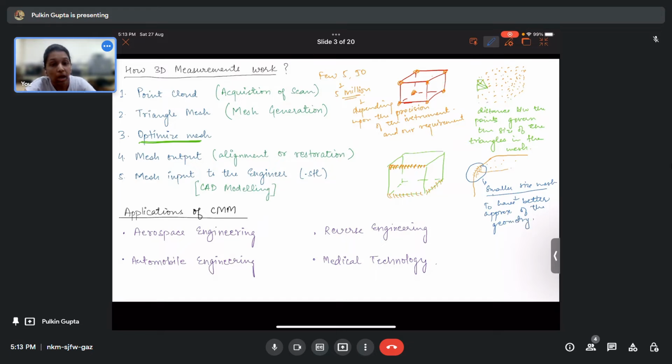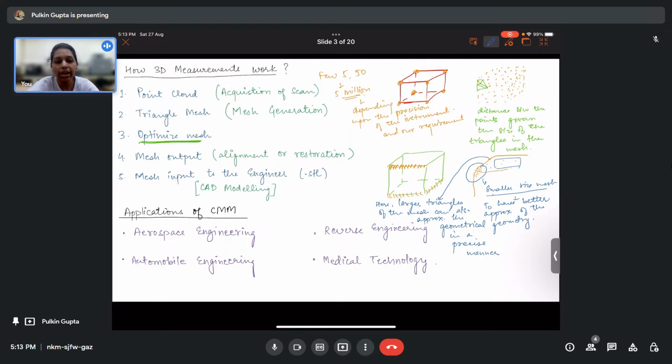But somewhere in the middle of the surface, larger triangles of the mesh can also approximate the geometrical features in a precise manner.